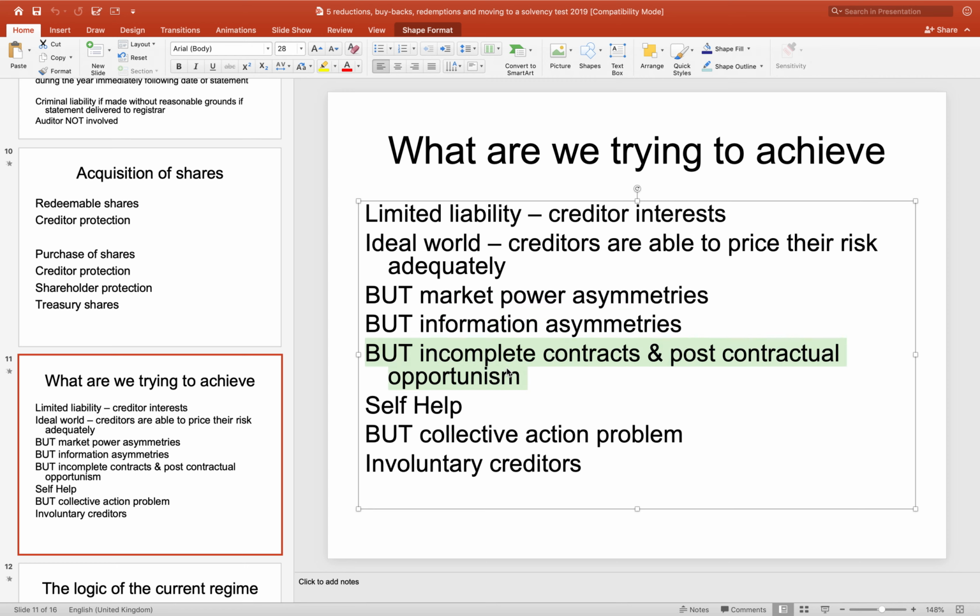Contracts are very hard to write for the future. And moreover, companies can, after the contract, change their strategy and affect their ability. So limits to self-help. There's also a collective action problem, which I won't go into. Plus, there are involuntary creditors. So this slide is there to say we need to worry about creditors. Not all of them, but certainly some.